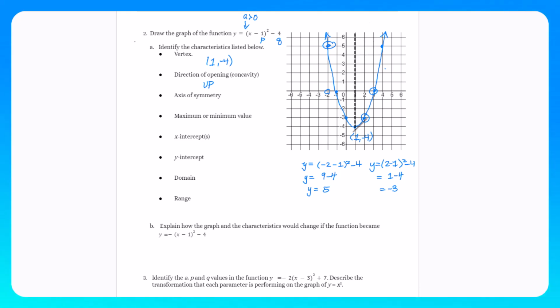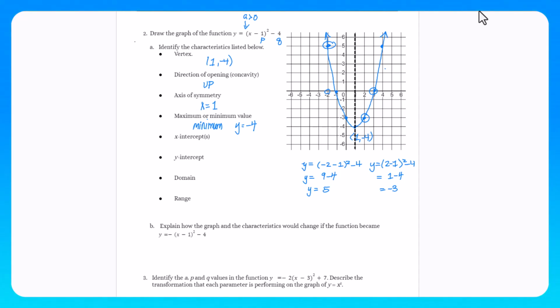That goes right through the middle, which means it goes through the p-value, and so it is x equals 1. We know that because this opens up, we are going to have a minimum value. And the minimum y value in this case is the q value. It's y equals -4.